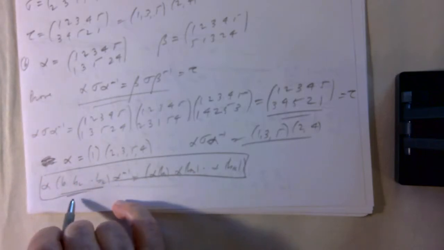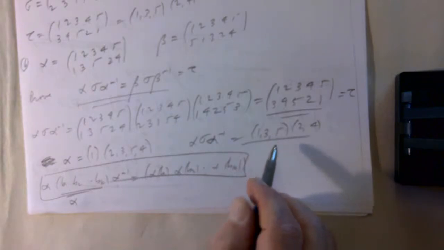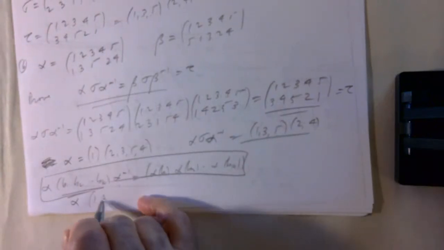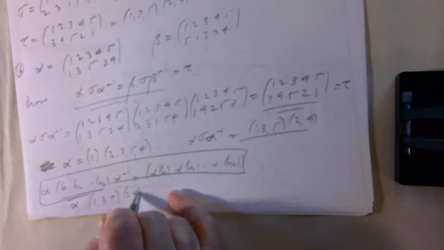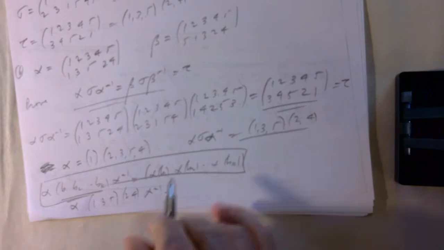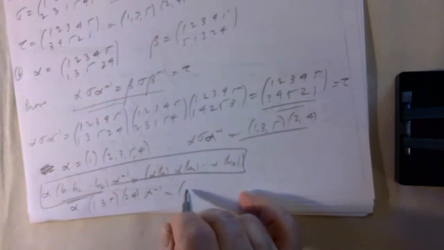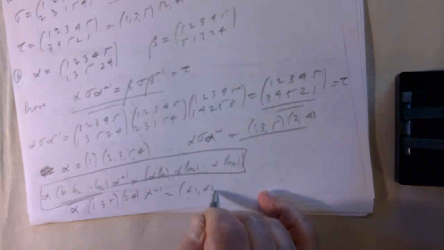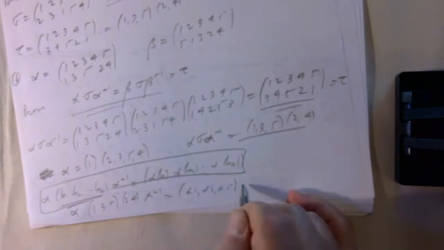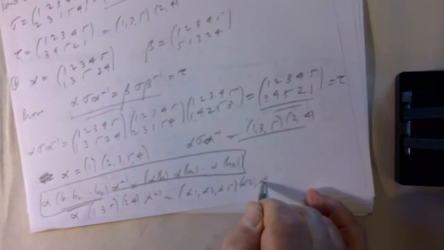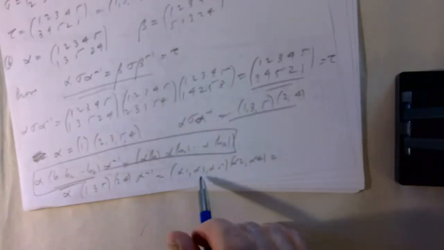So if we have alpha, here's my sigma, 1, 3, 5, 2, 4, alpha inverse. This would be, the 3 cycle becomes alpha 1, alpha 3, alpha 5, and the 2 cycle is alpha 2, alpha 4. What is alpha 1, alpha 3, alpha 5?